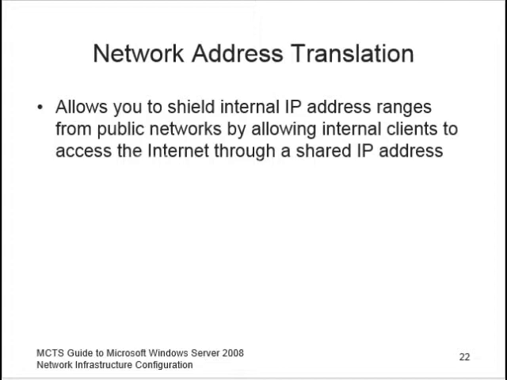This process reduces the number of public IP addresses required by an organization and thereby reduces the organization's IP address acquisition cost, because private IP addresses are used internally and then translated to public addresses to communicate with the Internet. The NAT process also obscures the private network from external access by hiding the private IP addresses from public networks. The only IP address that is visible to the Internet is the IP address on the computer running NAT.